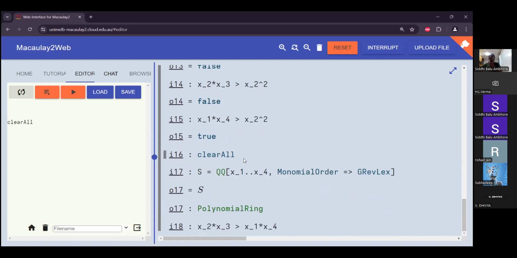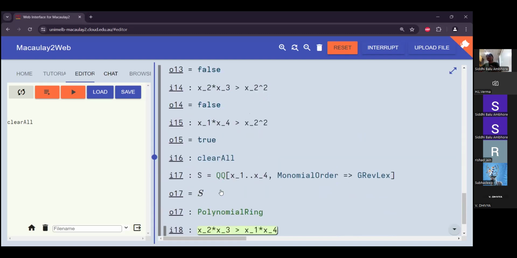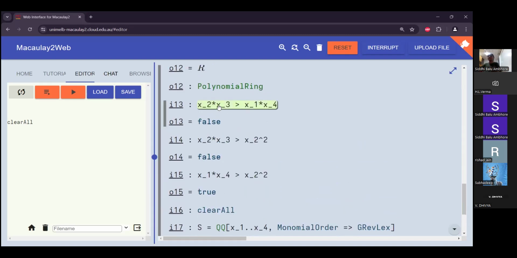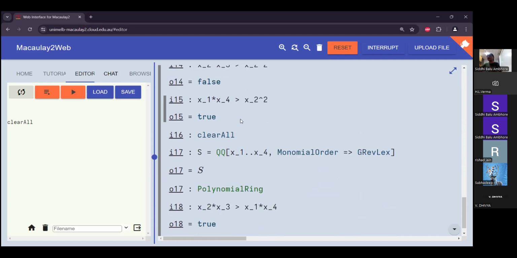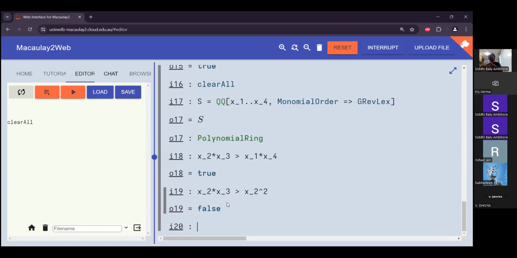And we will check whether x2, x3 is greater than x1, x4. Now it will be checked with respect to graded reverse lexicographic order. And it is true. See, earlier it was false with respect to lexicographic order, but now it is true that x2, x3 is indeed greater than x1, x4. Now we will check whether x2, x3 is greater than x2 square or not, and it is false.